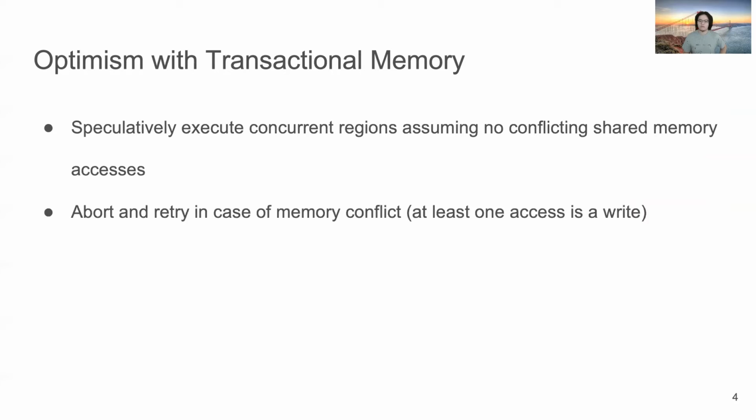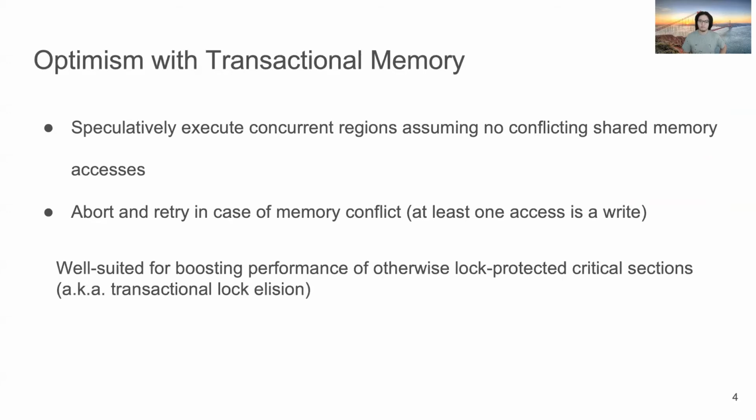However, if such a conflict does happen, the transaction will be aborted and retried. TM is well suited for boosting the performance of otherwise lock-protected critical sections. This mechanism is known as transactional lock elision.